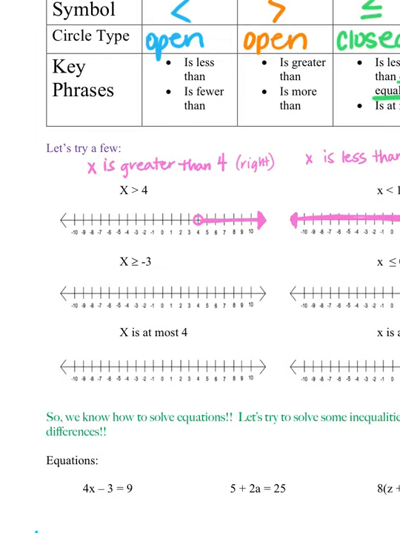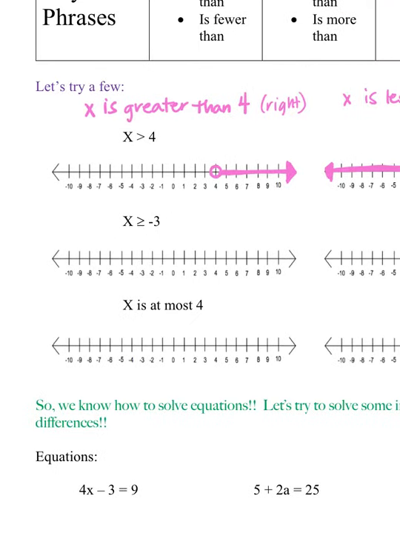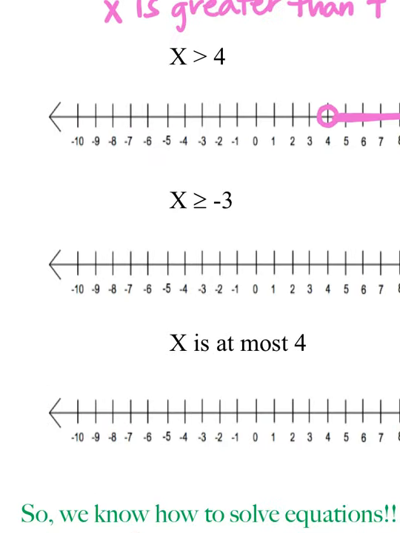Now, we have X is greater than or equal to -3. So this is saying that any number X is greater than or equal to -3. That means it includes -3 in the line.